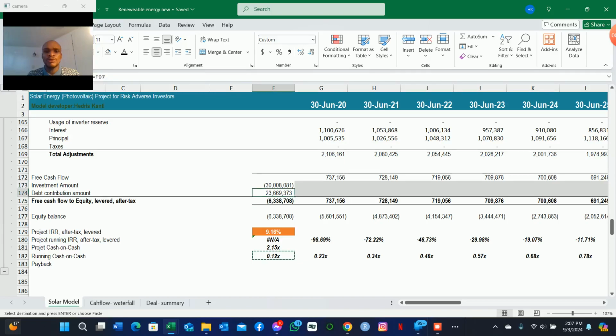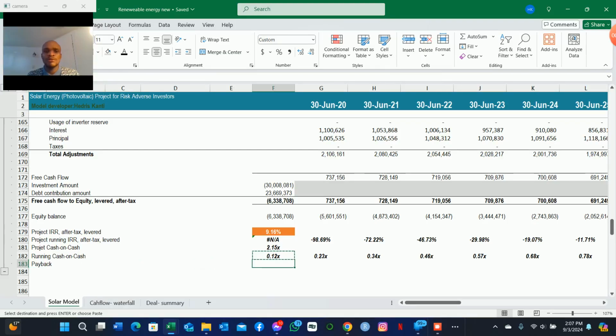Sometimes you could get a higher return, but solar projects are not as risky as other projects. In this case, your cash on cash is just 2 times your initial investment amount, and your internal rate of returns is approximately 9.16%.